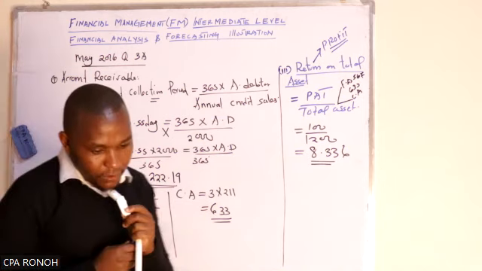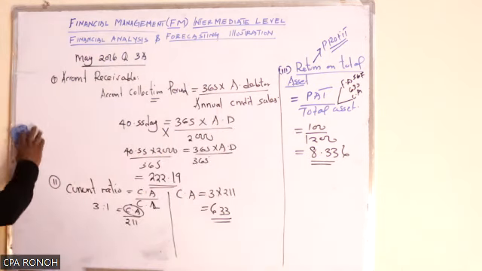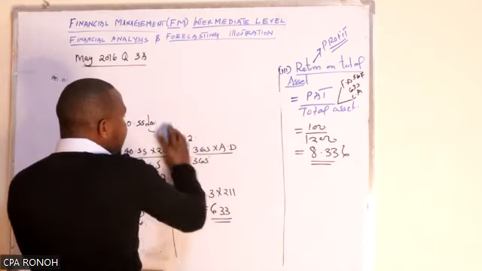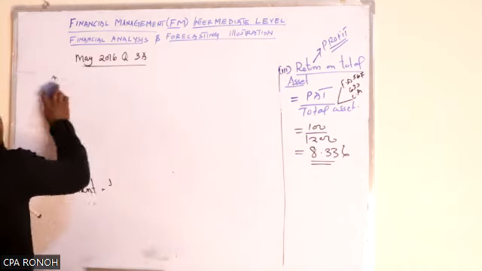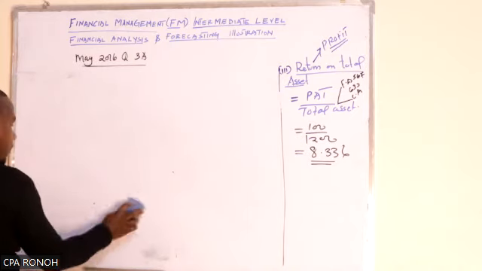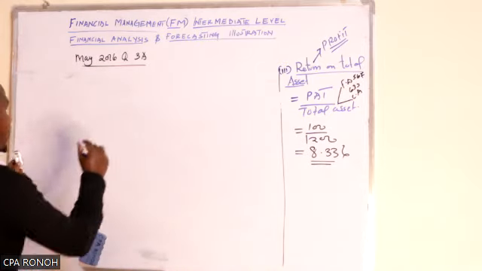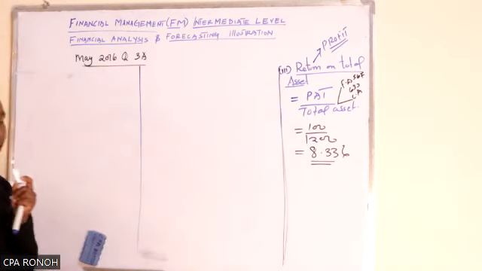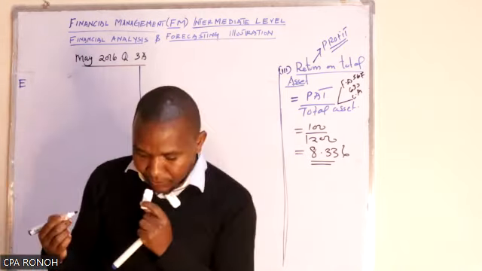The next Roman is there. They are asking for equity. So once we say equity, which formula will help us to get the equity?